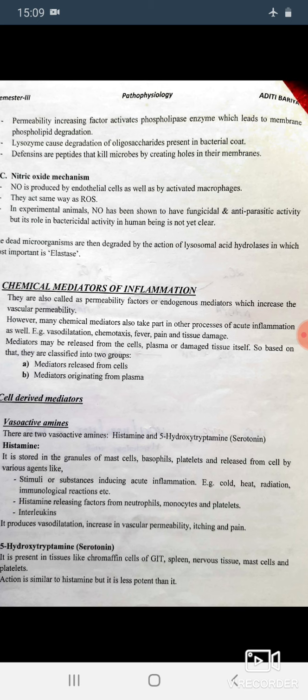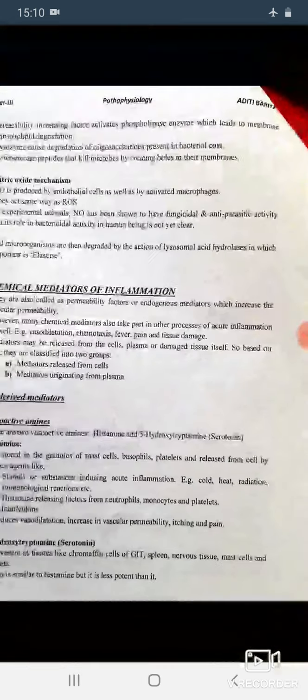Defensins are peptides that kill microbes by creating holes in their membranes. So they are the substances which directly kill the microbes by creating holes. So permeability enhancing factors, lysozymes, and defensins are the substances which do not require oxygen, and they directly produce microbial death and killing. And the third mechanism, the nitric oxide mechanism.